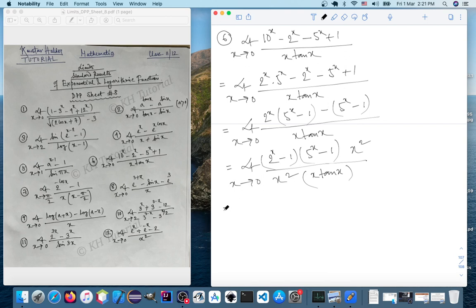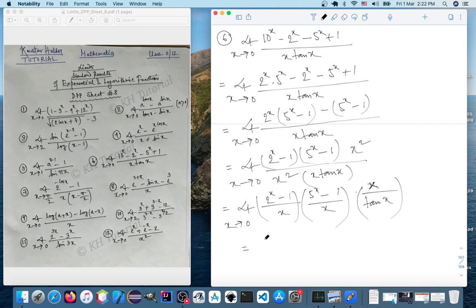Now, 1x gets cancelled from this x tan x, and this becomes x by tan x.